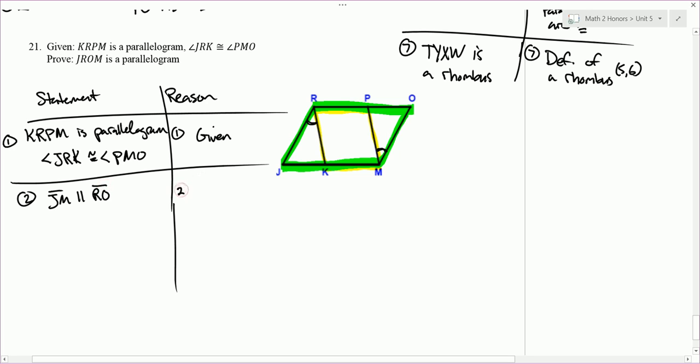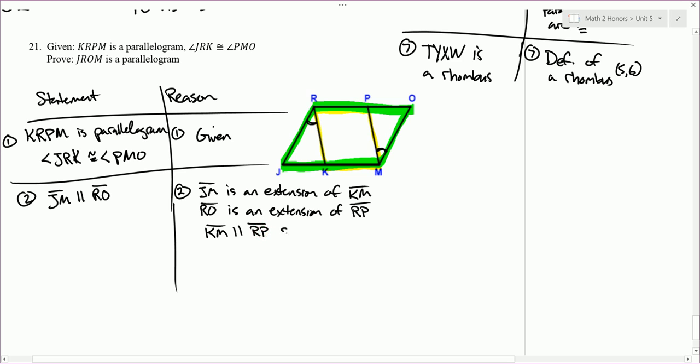And the reason is that JM is an extension of KM, part of the same extended line, and we could say that RO is an extension of RP, and KM is parallel to RP since KRPM is a parallelogram.